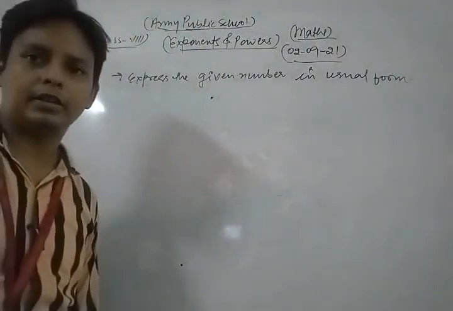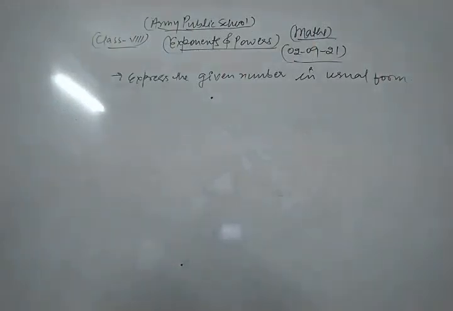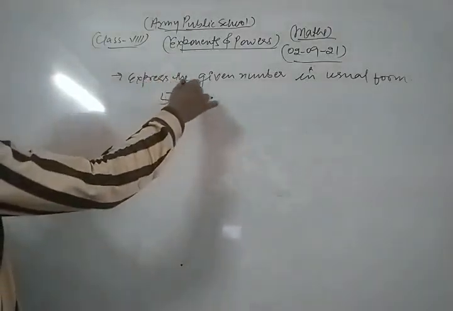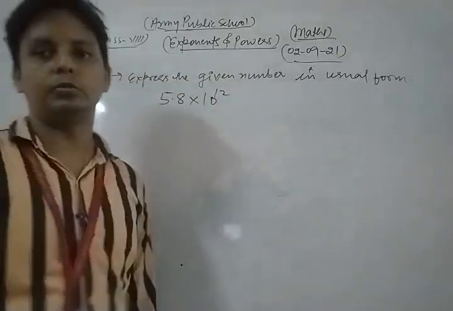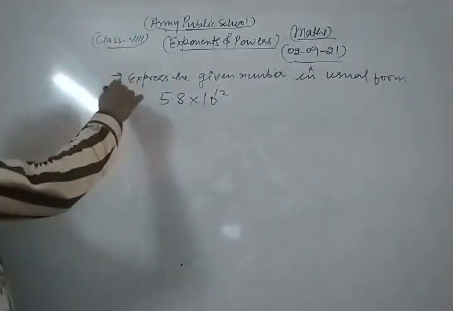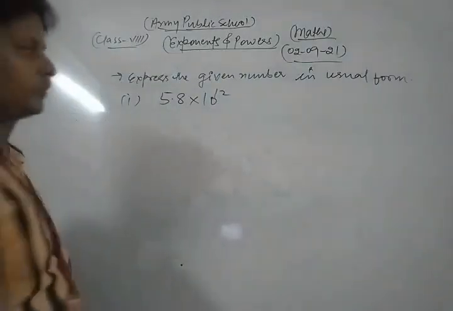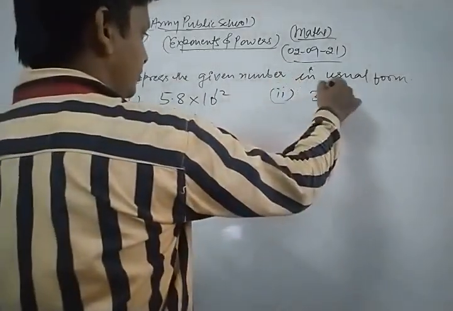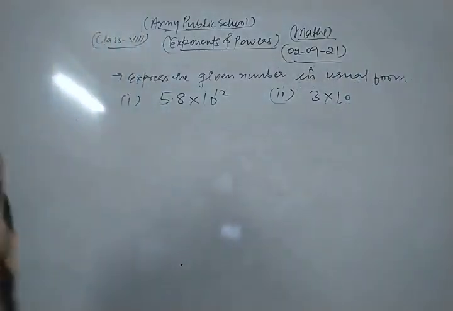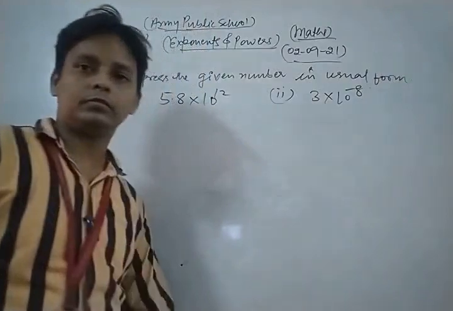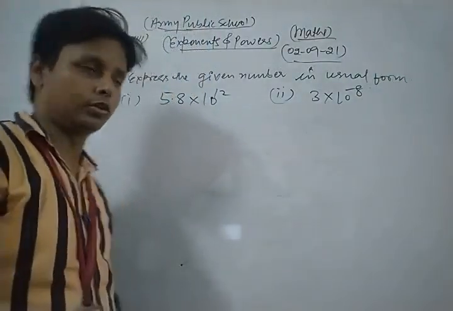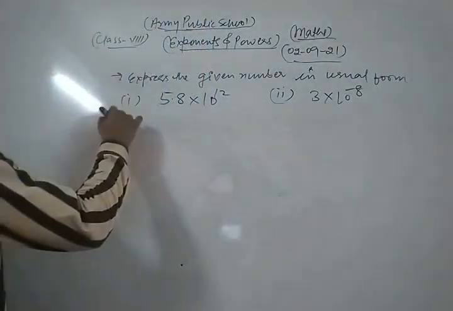Your number is 5.8 into 10 to the power 12. This is the first part of this question. And the second one, 3 into 10 to the power minus 8. So what do I do for that? Look. We take and solve the first part of this question.